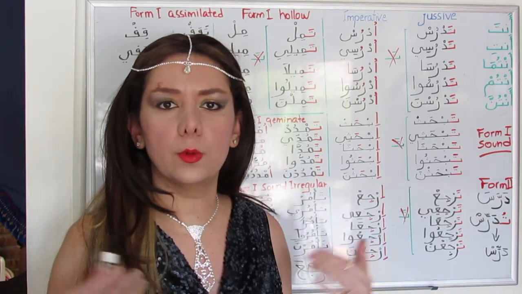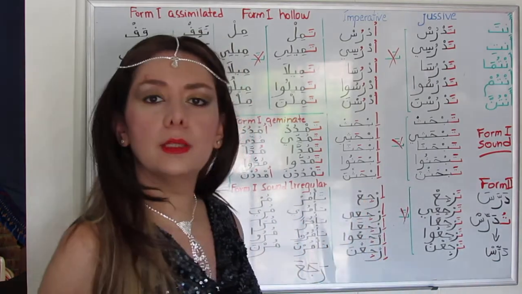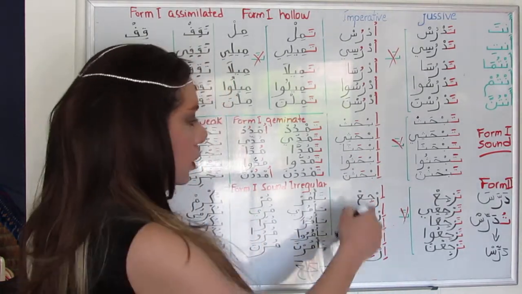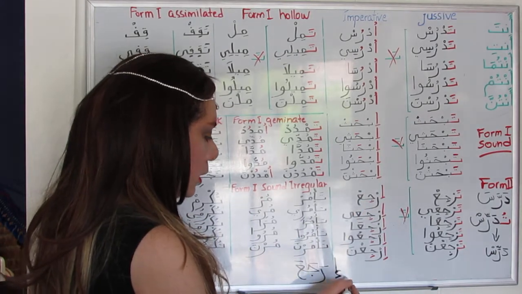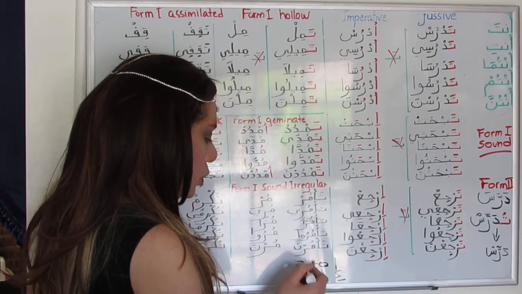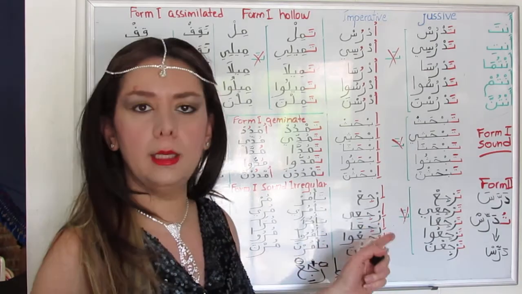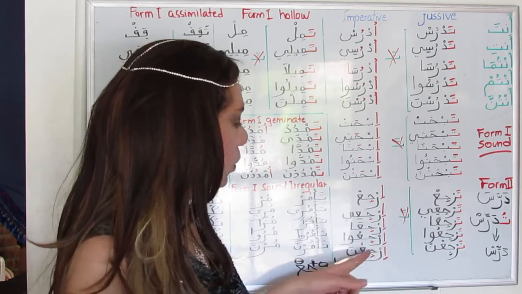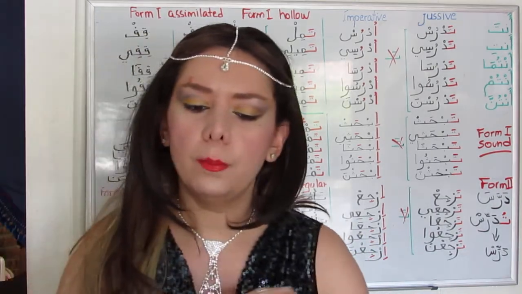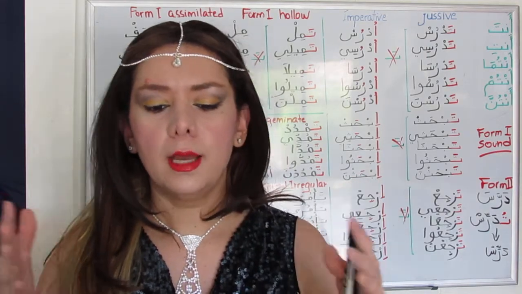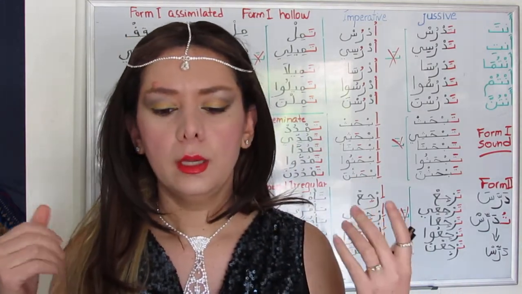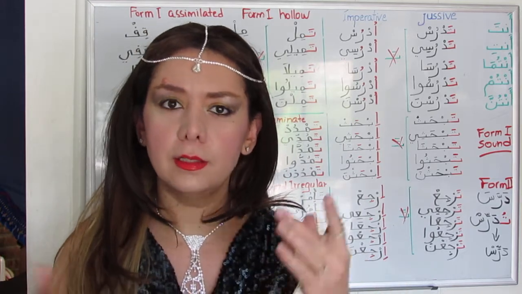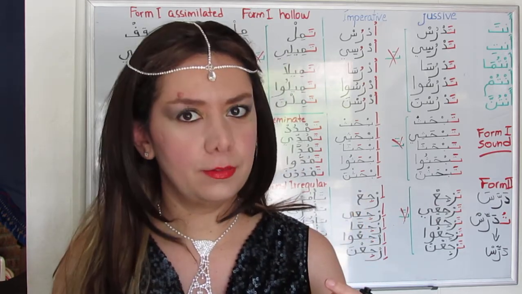This is not allowed, so what do we do? We check the middle vowel of the stem, which is kasra. So the alif will take the kasra. Irja', irja'i. It means return or come back. Irja'a, irja'u, irja'na. So if the middle vowel is either a fatha or a kasra, the hamza takes a kasra seated underneath the alif. Isn't it easy?